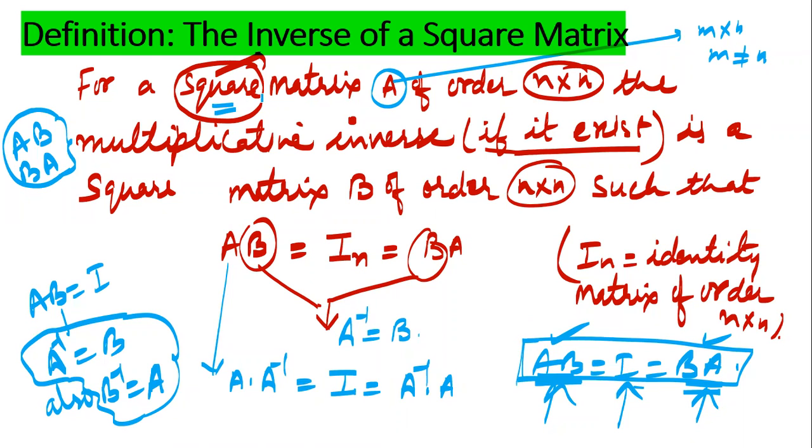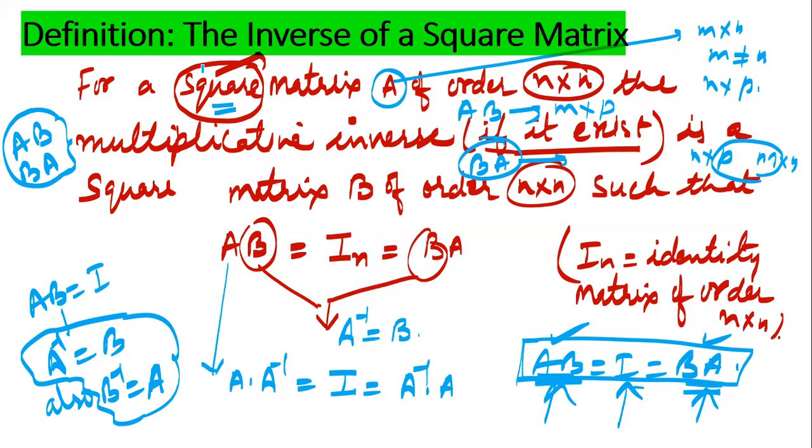For example, we have the order of A as M by N and the order of B as N by P. Then what will be the order of AB? The order of AB will be M by P. What would be the order of BA? B is N by P, and A is M by N. And here you can say BA is not defined. It's not possible.